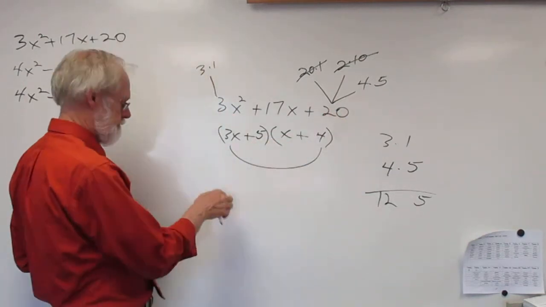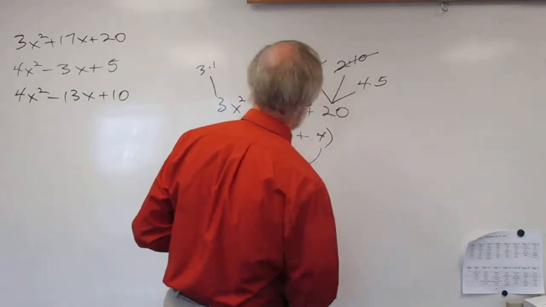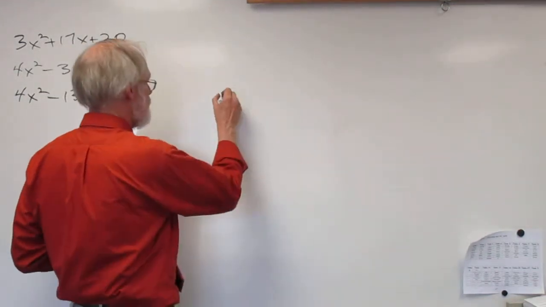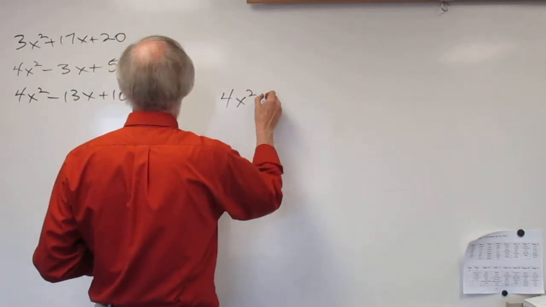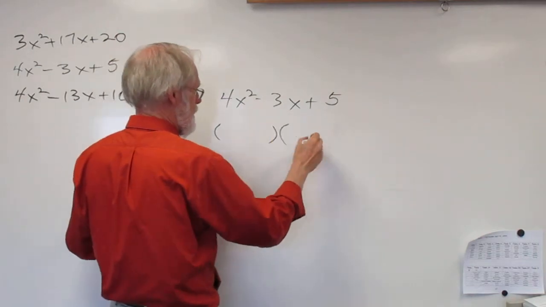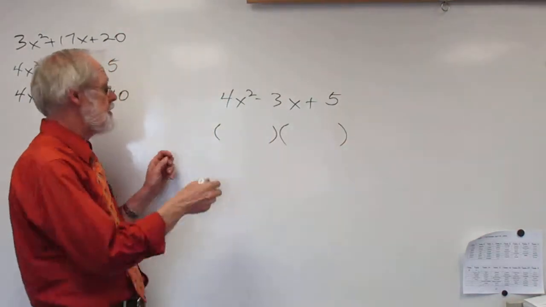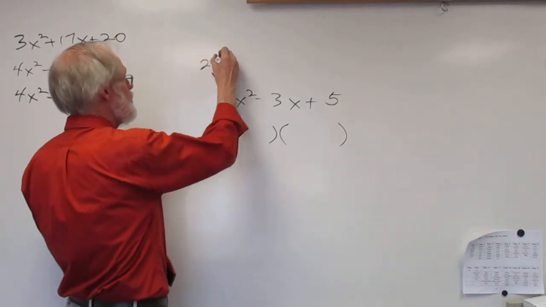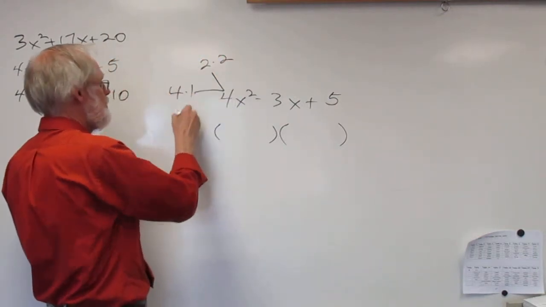There's your answer. All right, let's take a look at the second one I've written up here, which is 4x squared minus 3x plus 5. Okay, here is our factorization. Now there's another trick. 4 can be broken out by 2 times 2 or by 4 times 1.